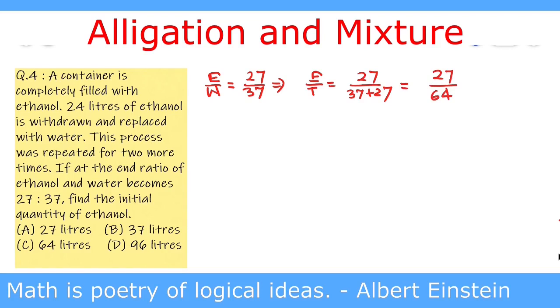Now we put all these values into the formula. Ethanol upon total solution equals (1 minus R upon the total quantity) to the power n.